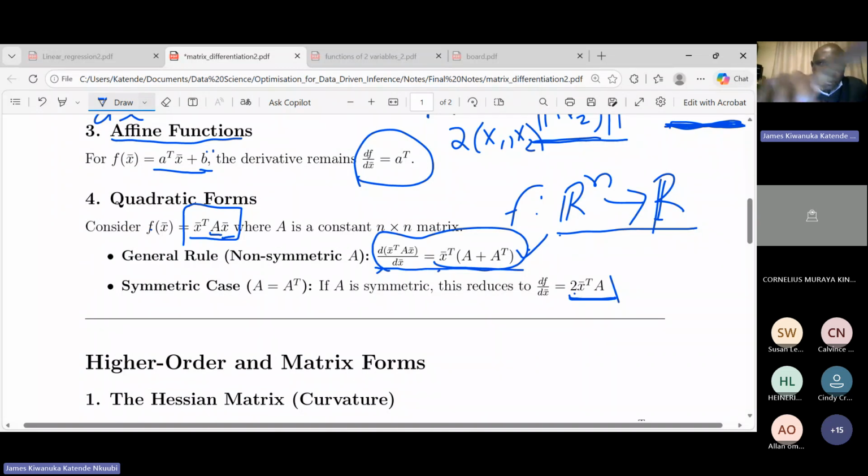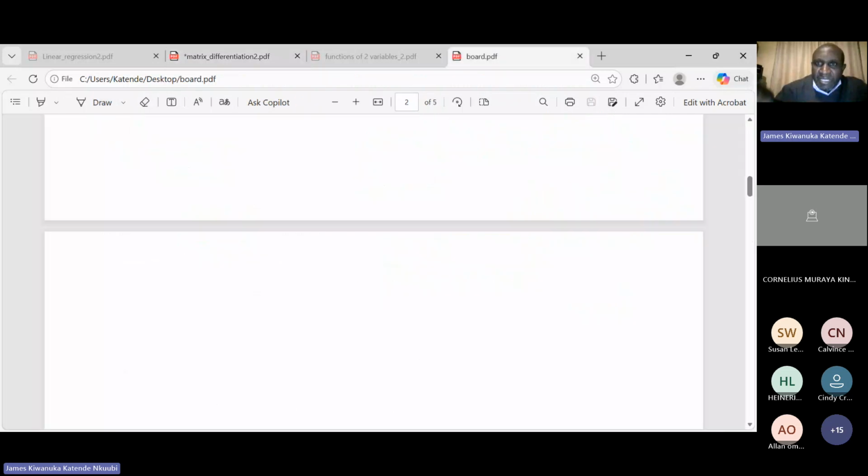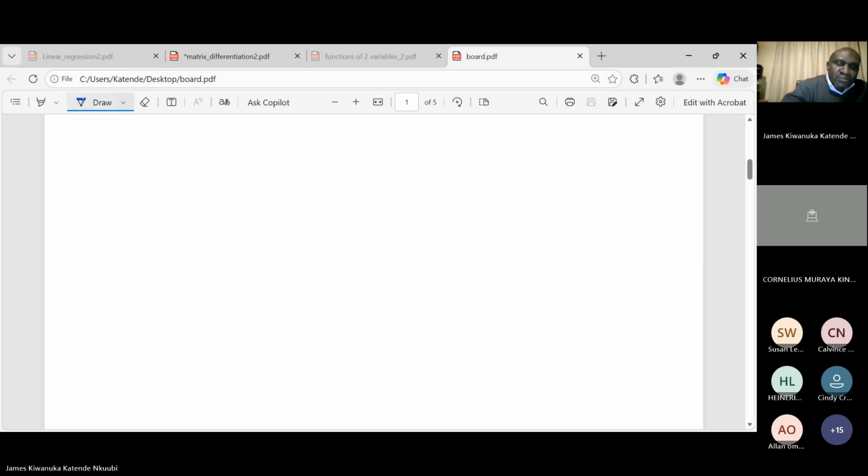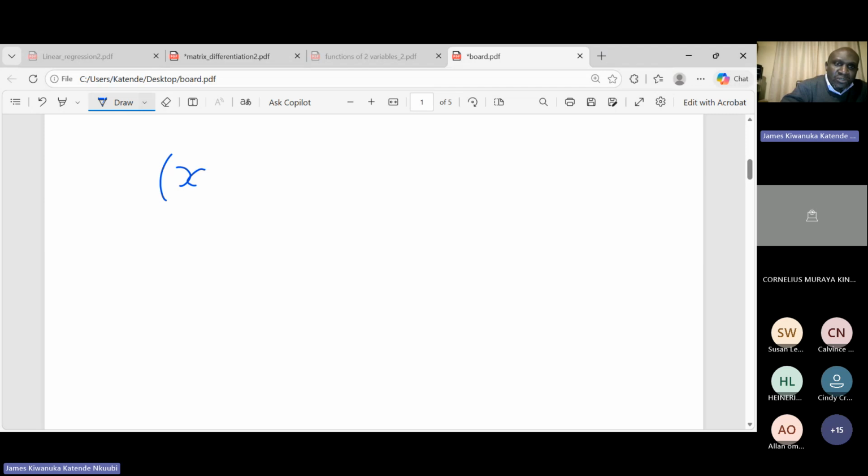So I recommend that you try this for a simple case. For example, you can pick a 2 by 2 matrix. Then your variables will be 2.